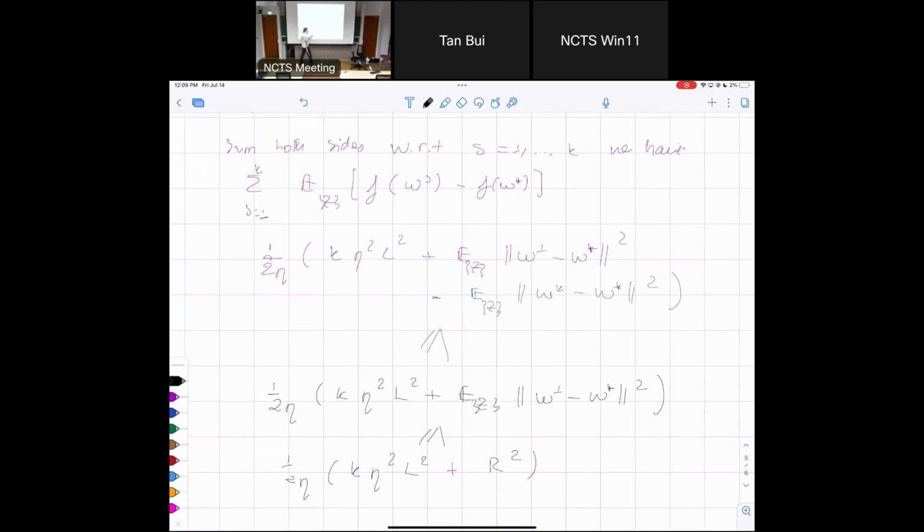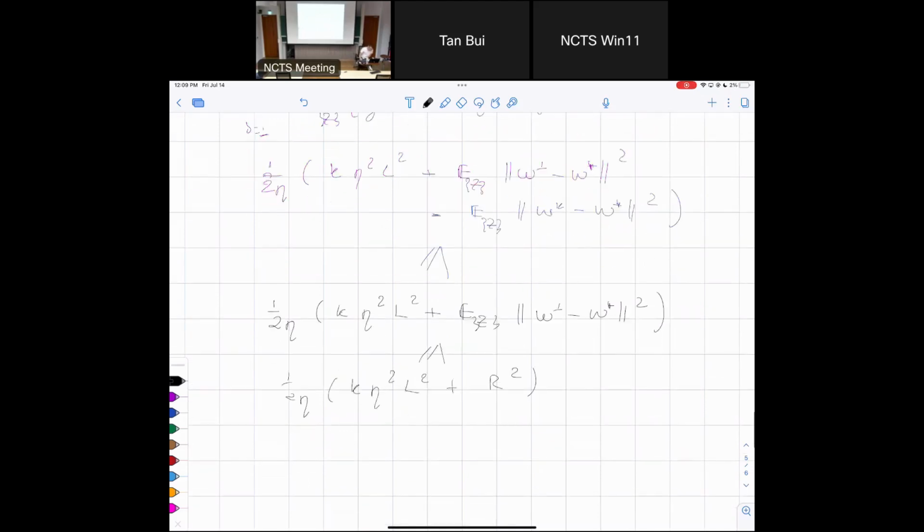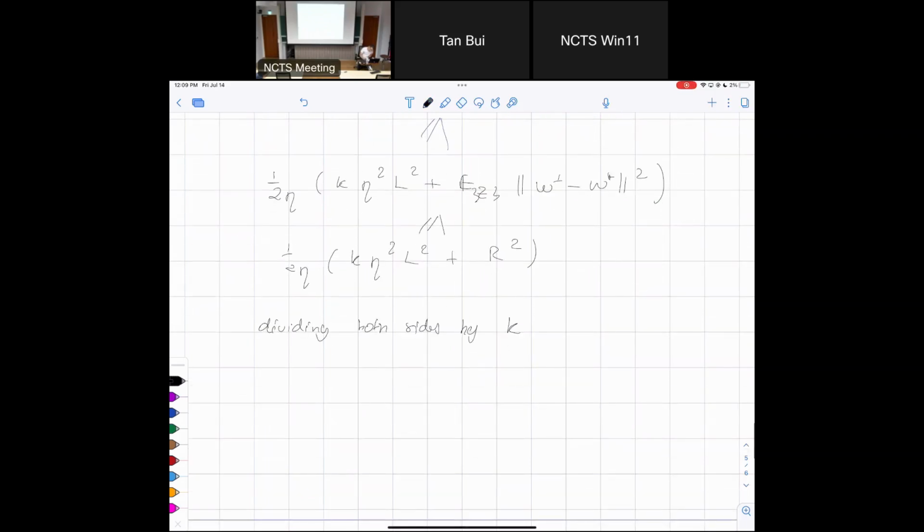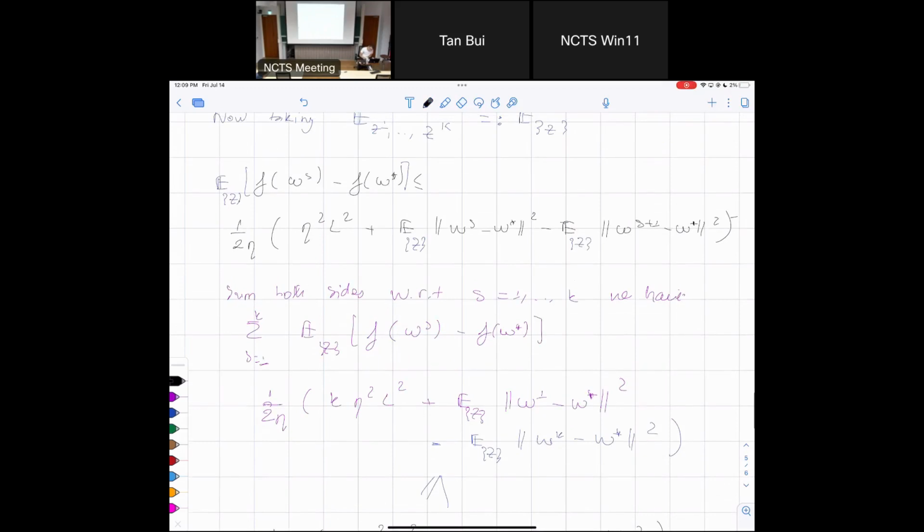I'm going to take the average of both sides, or rather, instead of averaging, dividing both sides by K.